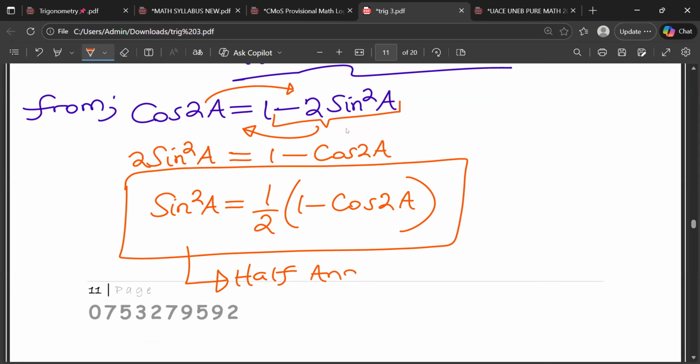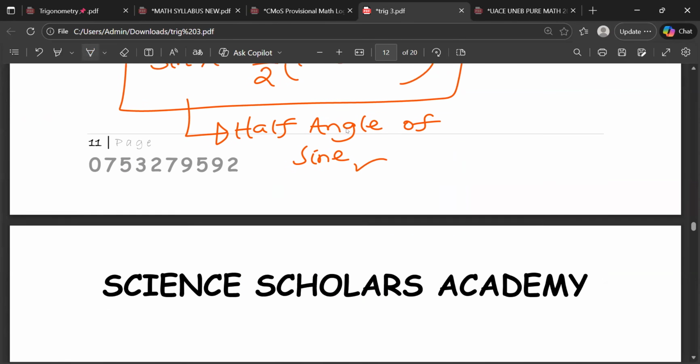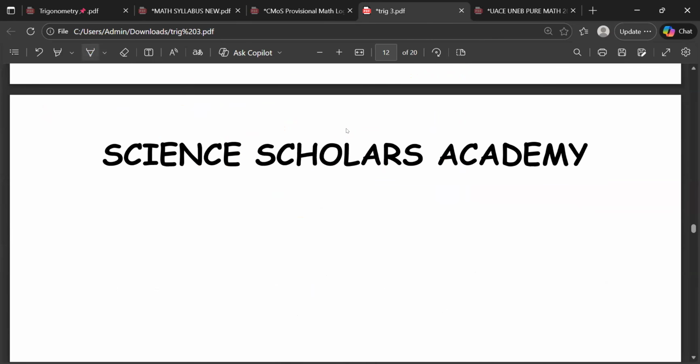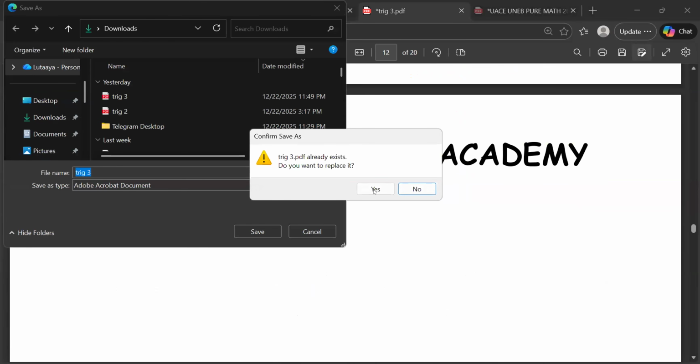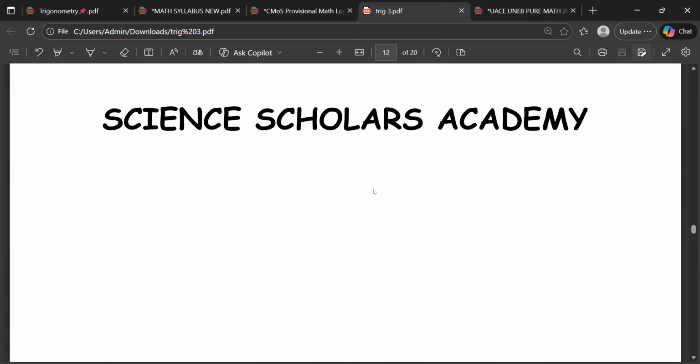So don't think it's a very big topic. That's what they call the half angle of sine. Then for the other one, of course, I'll use the same formula. I told you there are the other two we reverse to get the half angle. So don't think it is something big, something serious.